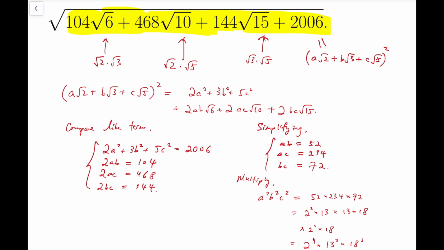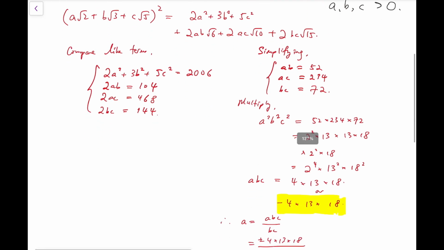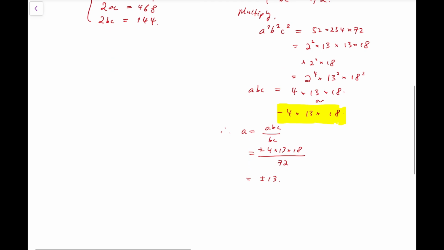So we must have a, b, c to be all positive. Now we can move back to the product of a, b, and c. So this is wrong. We cannot have this. I do not need this, and I do not need this. So a has to be 13.